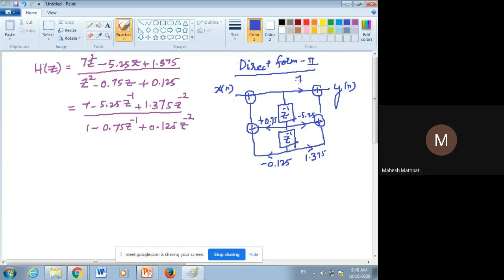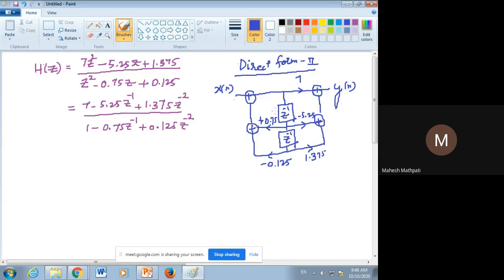Now how do you write this? This part will be your input portion and this will be your output portion. Now if I want to write the equation for this part, first we will write the output portion.